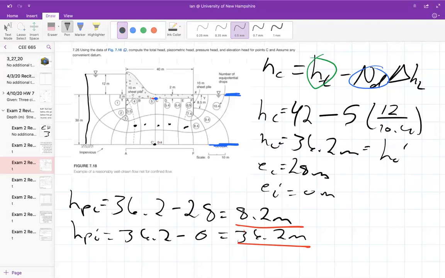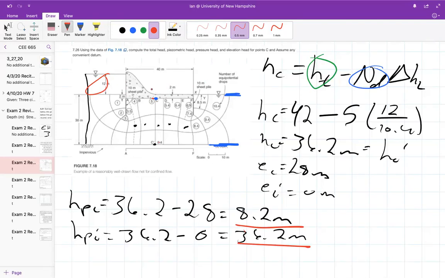Hey, what about the delta HL? Real quick, the 12 divided by 10.4. Where'd you get that from? So the 12 divided by the 10.4 is, you got this height here, right?